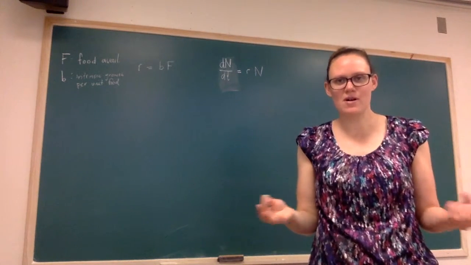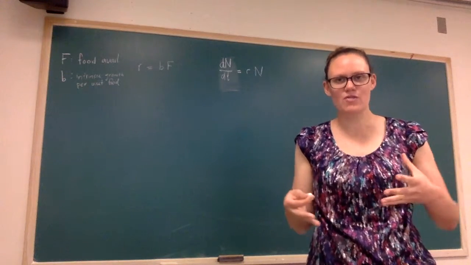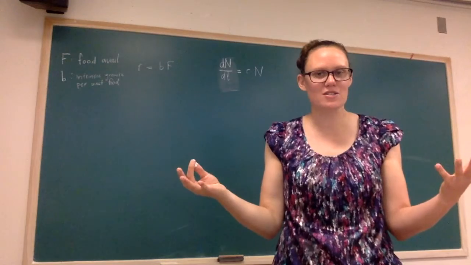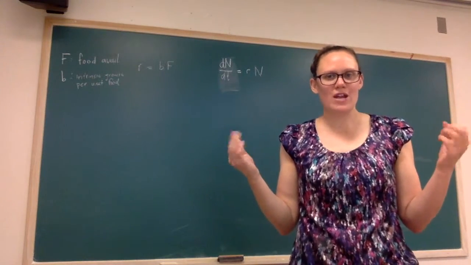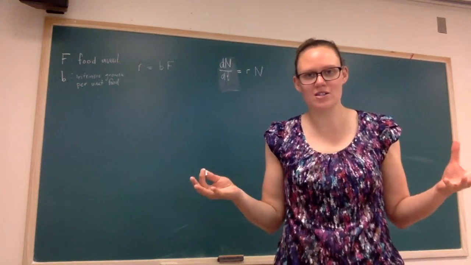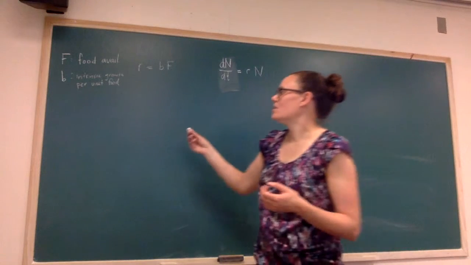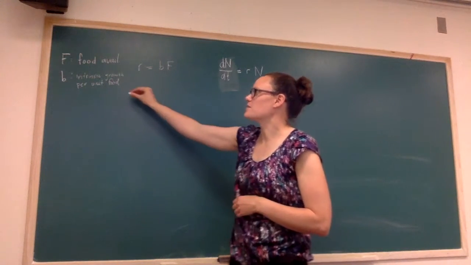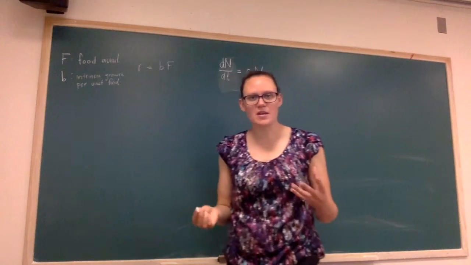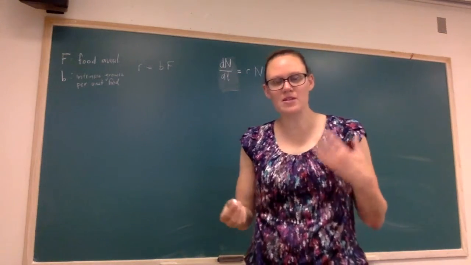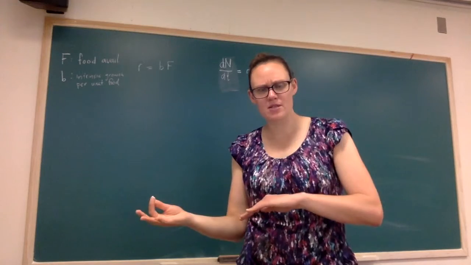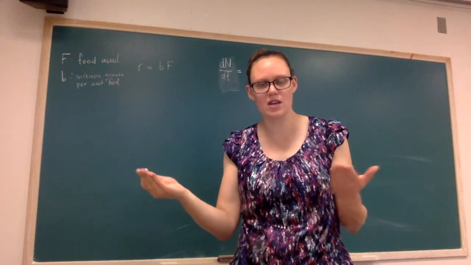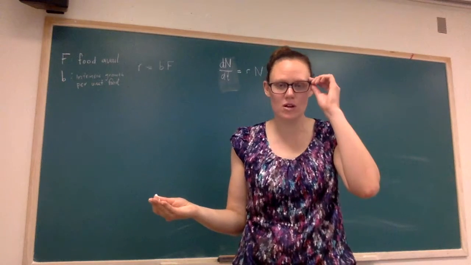For an insect population, it might not take very much food to generate a large amount of reproduction and increase in survivorship. For an elephant population, it might require lots and lots of food. So that's what this B is here. It's a bit confusing maybe because it's called B and you think births, but it's really an intrinsic rate of growth, so it's births minus deaths like we saw for the exponential equation.